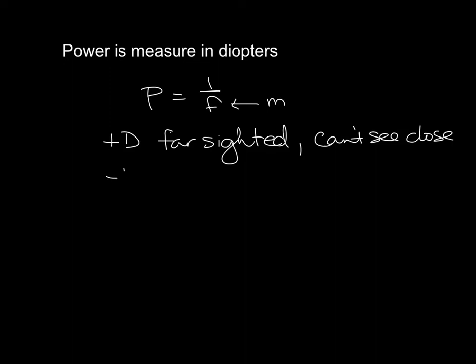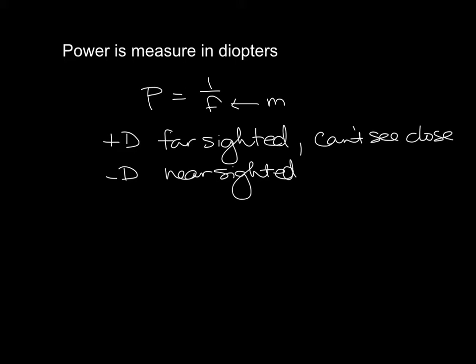And a negative power, like a negative 1.75, means that you're nearsighted. That means that if you're sitting at the back of the classroom, you can't see the board very easily. You can see things that are close. You don't need your glasses to read things, but to see something that's far away, you need to put your glasses on.